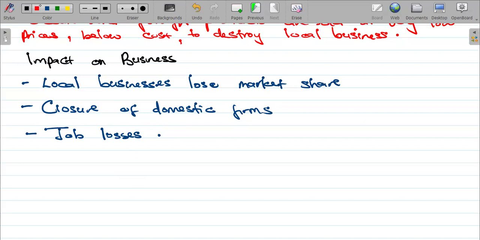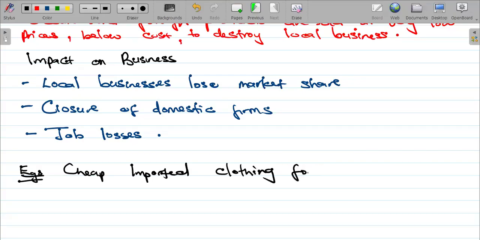Example, a cheap imported or China clothing forces local clothing manufacturing to be out of business.